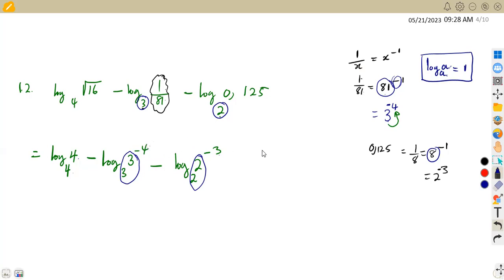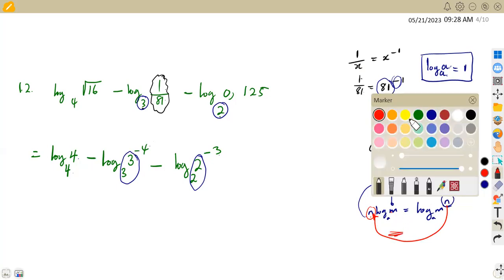Remember that the logarithm of m to the exponent of n in any base is the same as n times the logarithm of m. So if a number is multiplying a log, it can be raised as an exponent of that log, and we can even reverse it when it is given as an exponent to multiply a logarithm. So these exponents can be removed by multiplying the logarithm, from this law that we are having here.